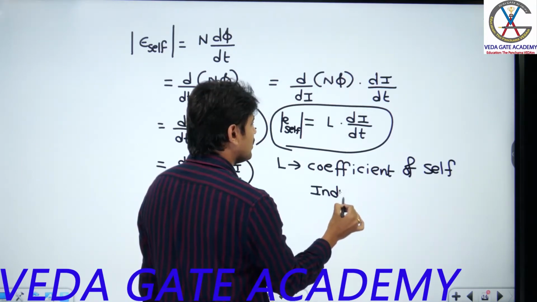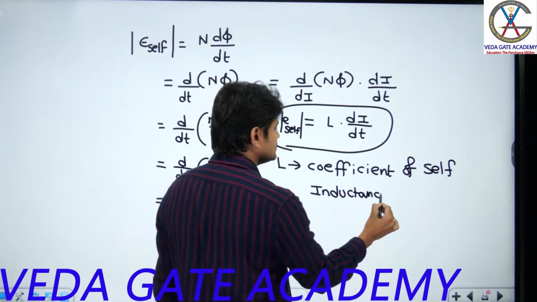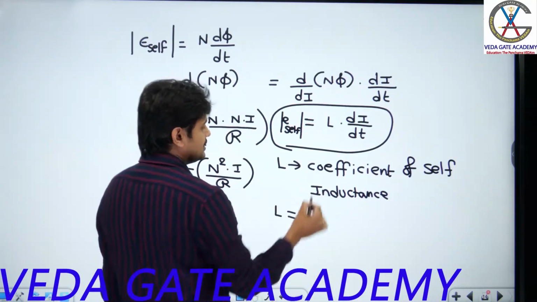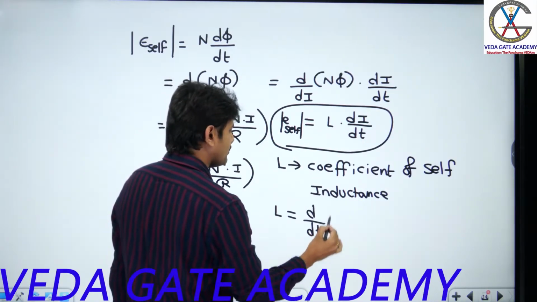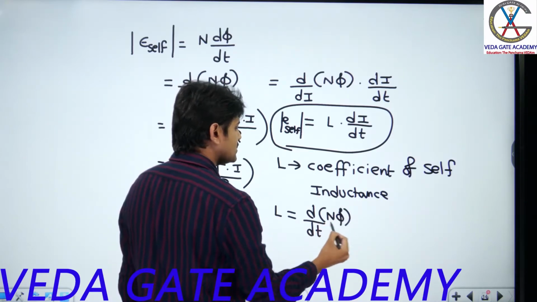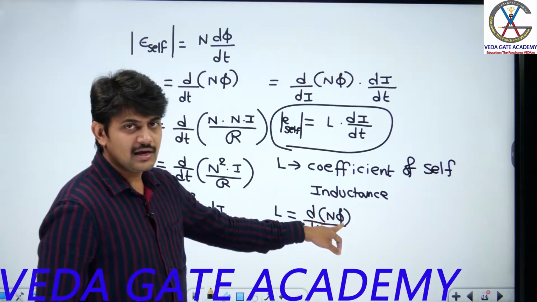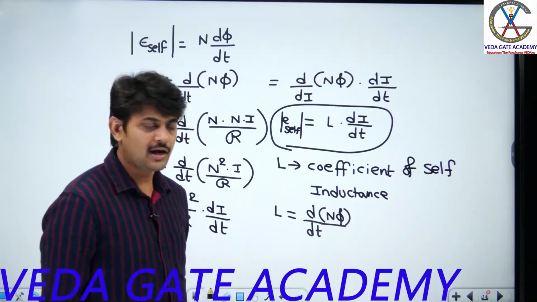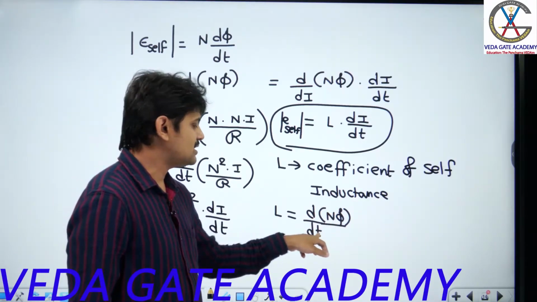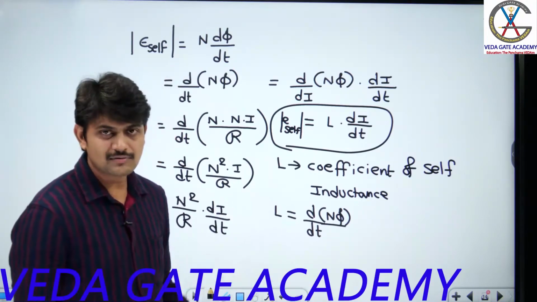Now can you tell me what formula we got for the coefficient of self-inductance? L is equal to how much? d by dt of N phi. So what is the definition of the coefficient of self-inductance? It is the rate of change of flux linkages with respect to time.